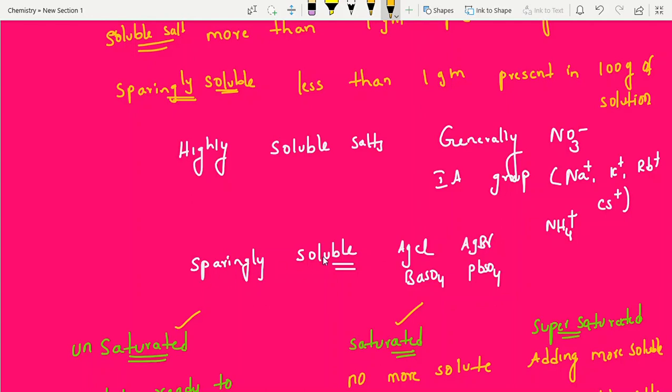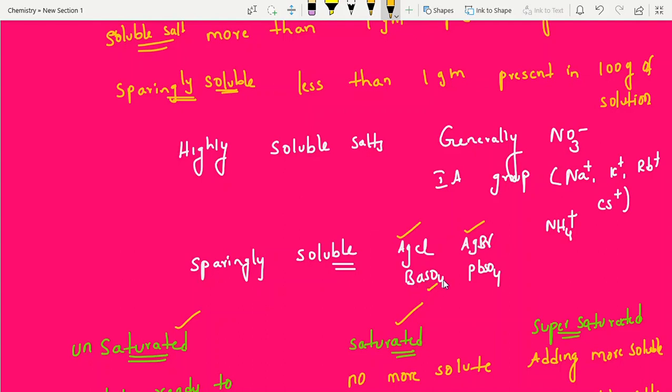Now next one, sparingly soluble. Here our concentration is more. Sparingly soluble is nothing but less soluble. Less solubility is different, insoluble is different. Sparingly soluble is partially soluble, less soluble. AgCl, generally silver salts: silver chloride is a white precipitate, silver bromide is pale yellow.